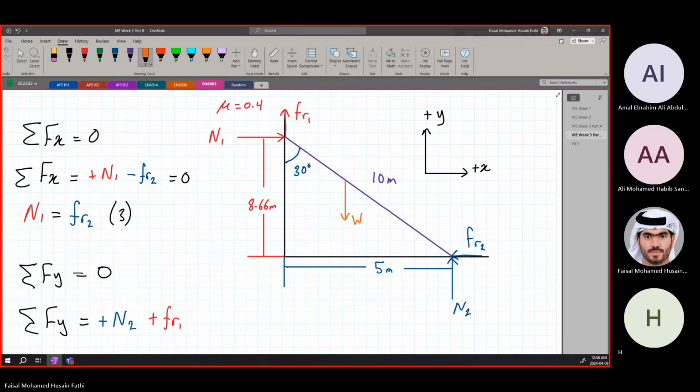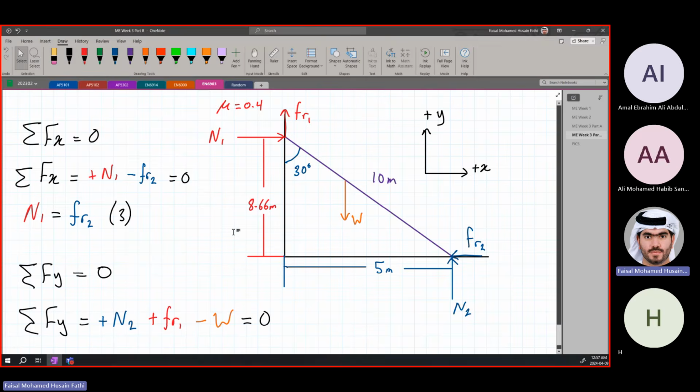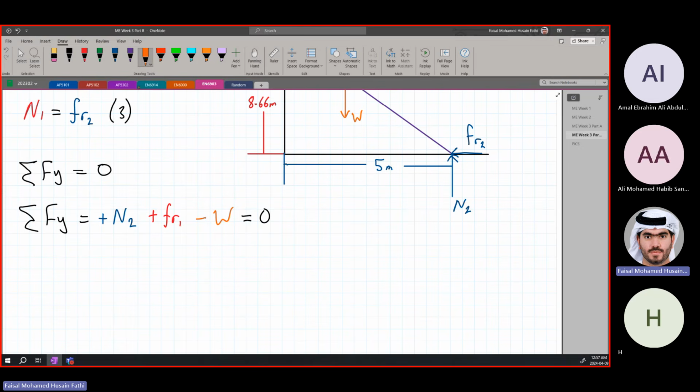The weight. Minus the weight. And this is all going to be equal to 0. If we rearrange this, we get weight is equal to n2 plus fr1. And this is our fourth equation.